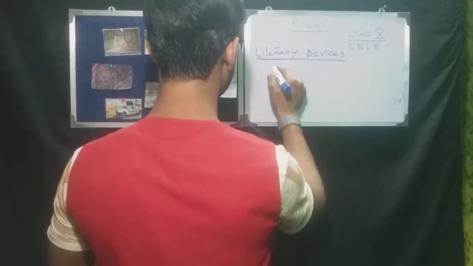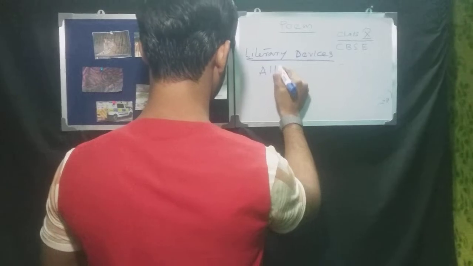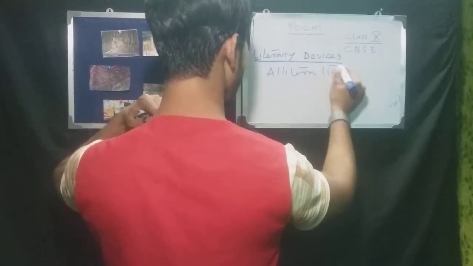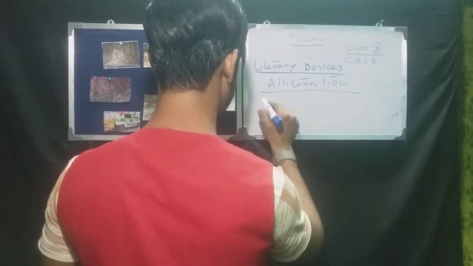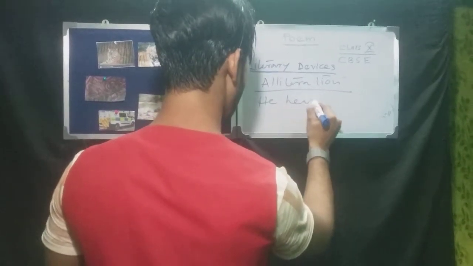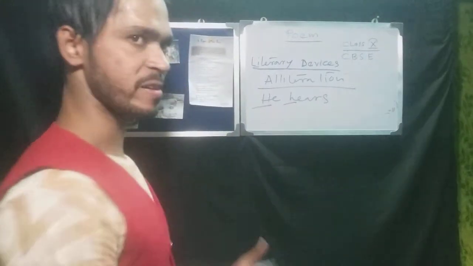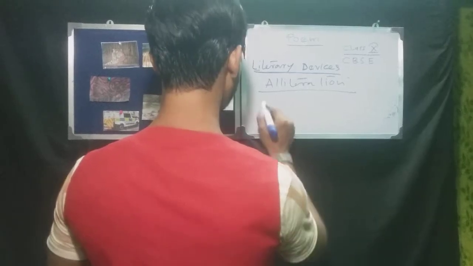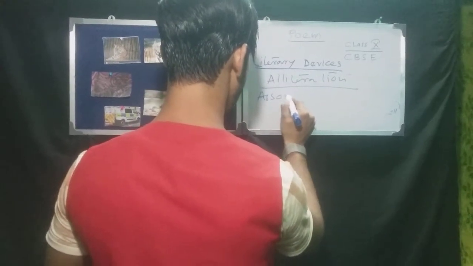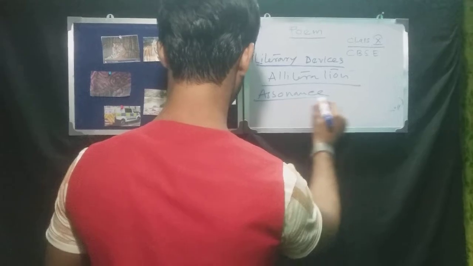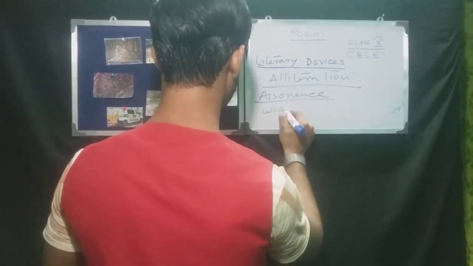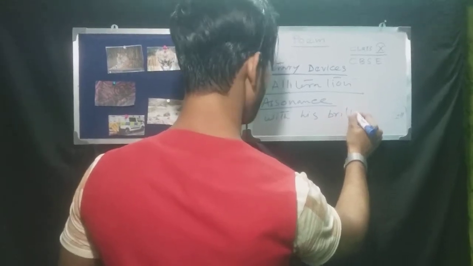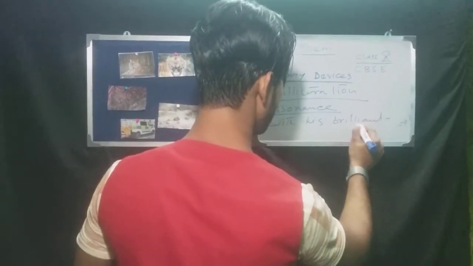Now it has alliteration: he and hers. It has alliteration. It has assonance: with, is, brilliant.